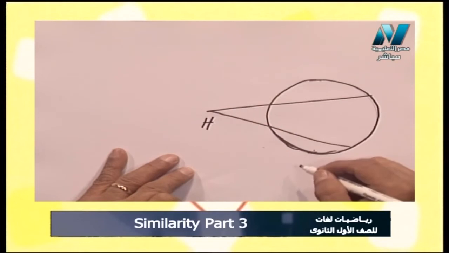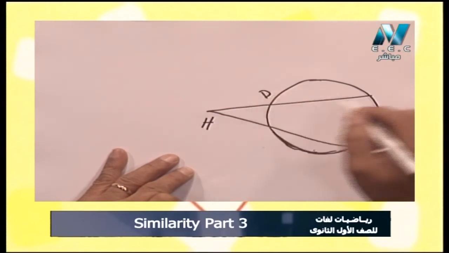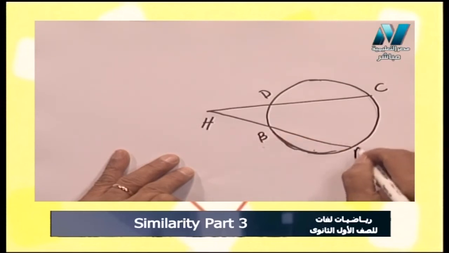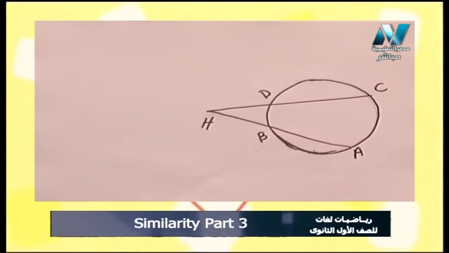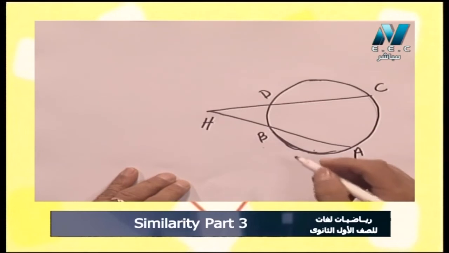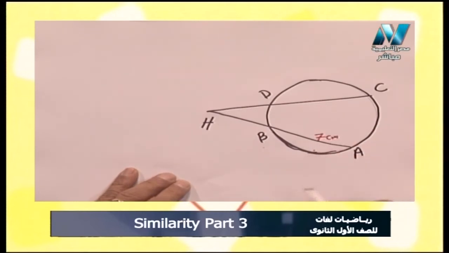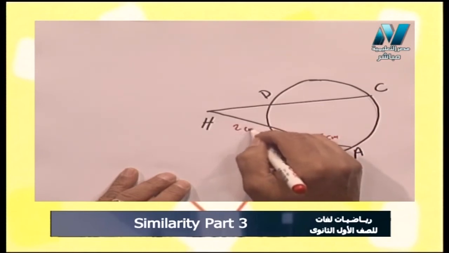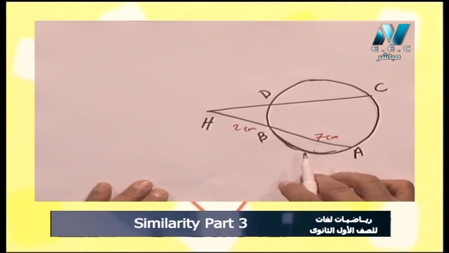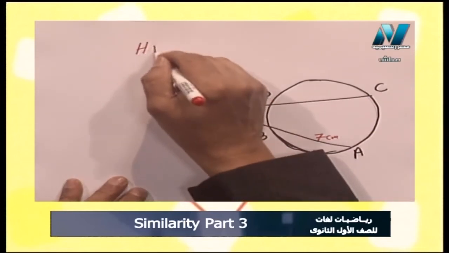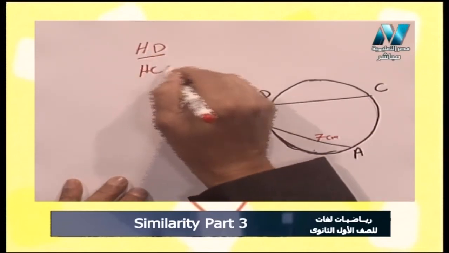It is H now, D and C, here B and A. And we'll put the length of the sides. We have BA here equals 7 centimeters and BH equals 2 centimeters, and the ratio between HD and HC equals half.